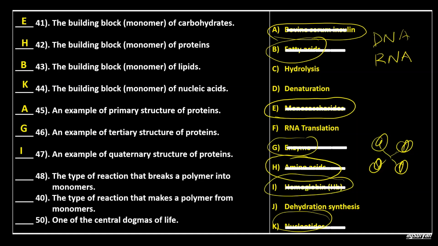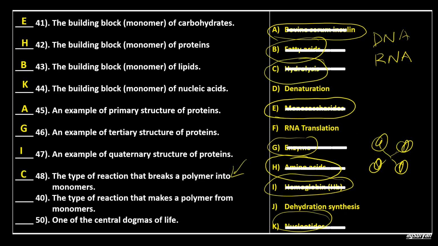The type of reaction that breaks a polymer into monomers. If we want to break a polymer into many monomers, we just put water on it. It's called hydrolysis. The water will split a bigger molecule into many smaller molecules.